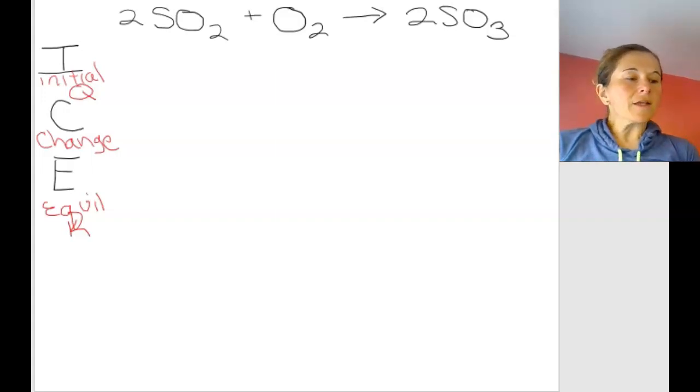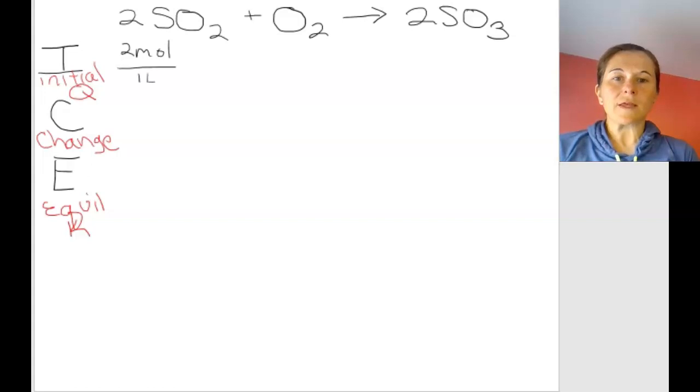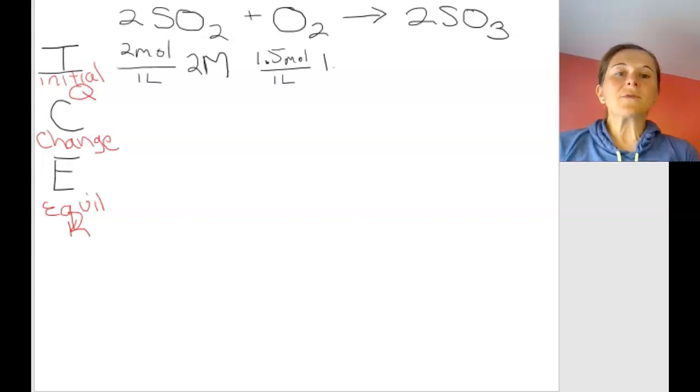So what do we got? They told us that we have 2 moles per 1 liter of this guy, which means we have 2 molar. And they told us that we have 1.5 moles of this guy per 1 liter, so that means we have 1.5 molar.